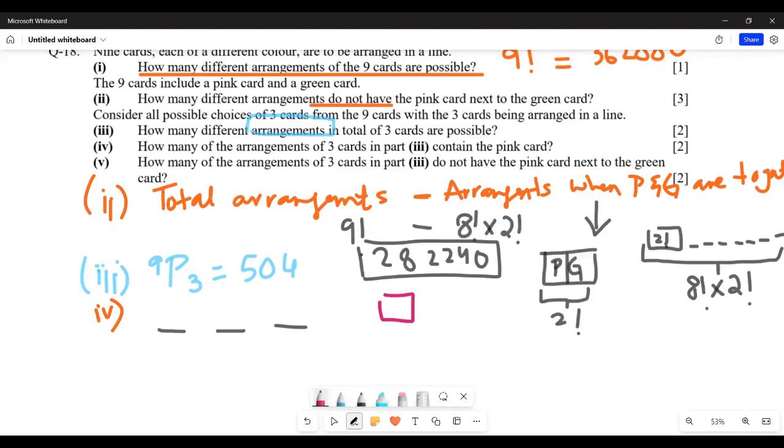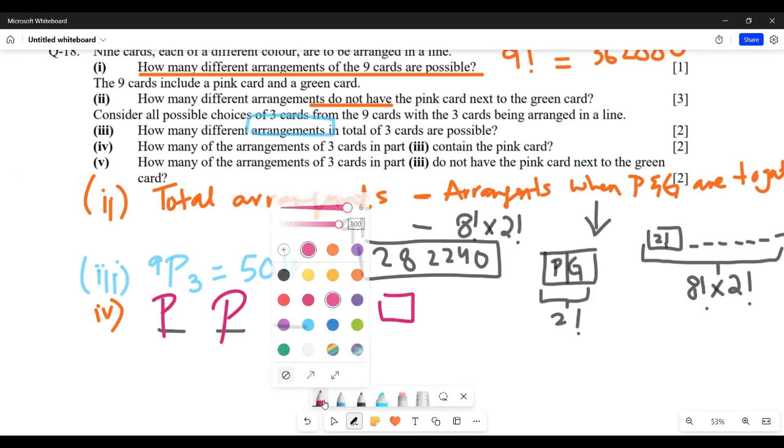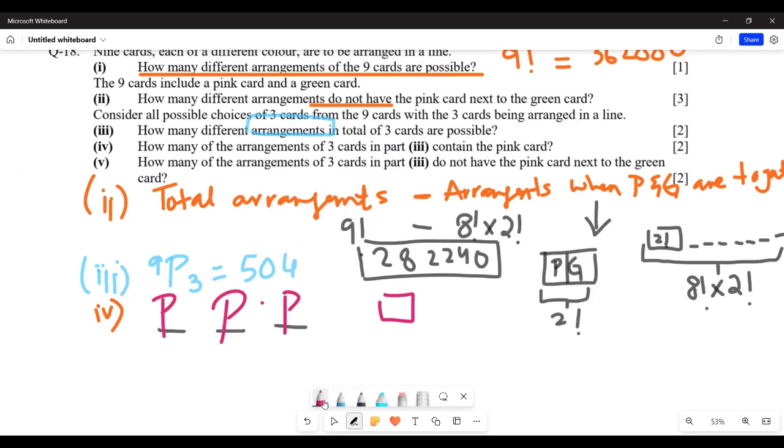Pink can take the first slot, or in another arrangement, pink can take the second slot, or in another arrangement, pink can take third spot. So we're going to say 3 spots for one pink card. So 3P1.